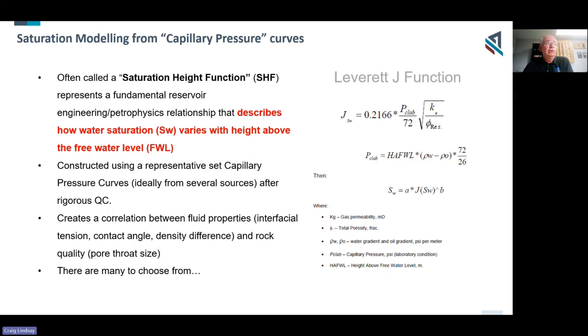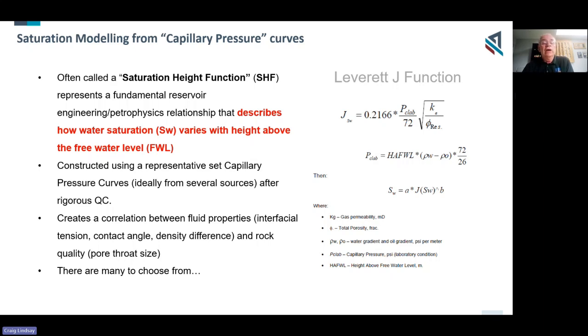One thing you have to do is make sure that the capillary pressure data is acquired from a representative set of core samples. Otherwise, you're not representing what you actually have in the reservoir. And an example is shown here of what's called a Leverett J function that's commonly applied. In a Leverett J function, the saturation from the capillary pressure curve is linked to both permeability and porosity.